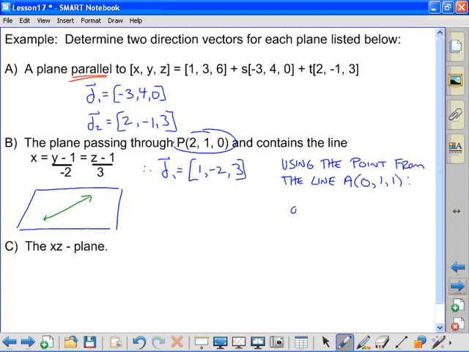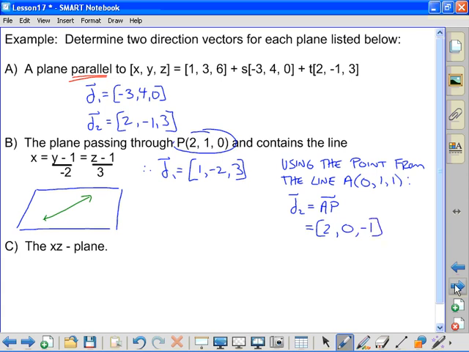We can then find the second direction vector by finding the vector AP. We know P is on our new plane. We also know point A is on our plane because that line is on our new plane. So finding vector AP, we would have 2, 0, -1, and there's my second direction vector.